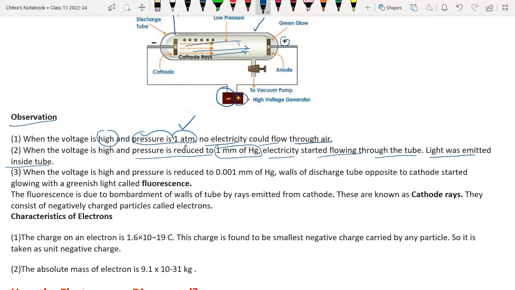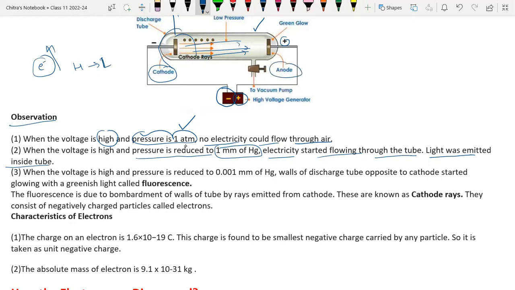It shows that electricity was flowing from one end to the other, from cathode to anode, because at the negative electrode the particles get charged, and those particles are electrons. The electrons get a very high charge, and to discharge it, since electricity always flows from higher potential to lower potential, the electrons at the cathode started moving in a straight line from cathode towards the anode.